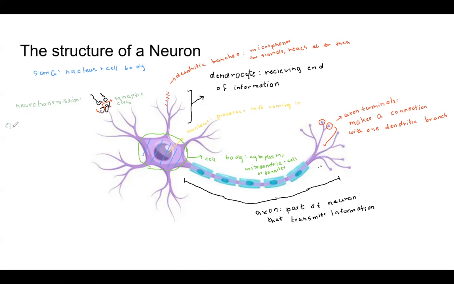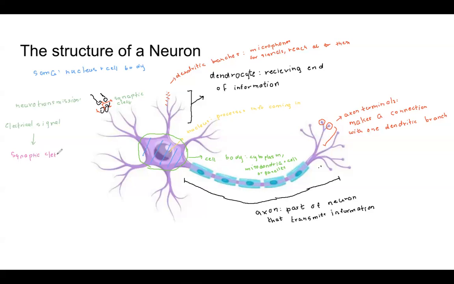So the electrical signal gets converted, right? So how does it get converted? Basically, it reaches the synaptic cleft, here, let's write that out. Cleft.